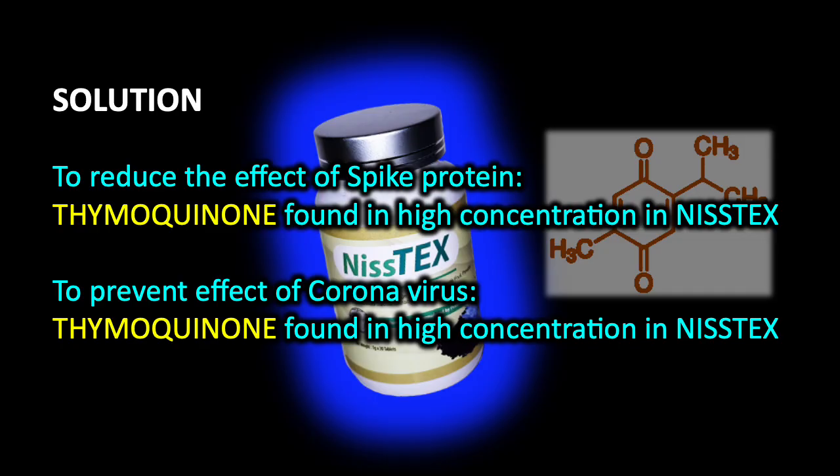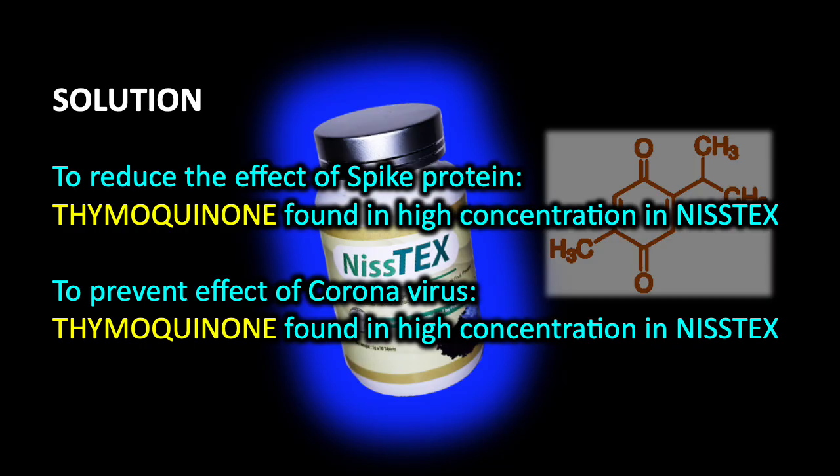So, what is the solution? To reduce the effect of spike protein, thymoquinone can be used. Thymoquinone is found in high concentration in Nisstex. Okay, so taking Nisstex will provide you with thymoquinone, and this will help to block the ACE2 receptors and many other mechanisms as well. It also prevents inflammation and many other effects that you've seen due to presence of spike proteins.